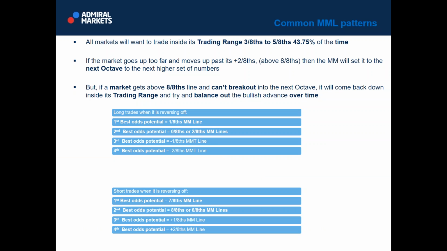If a market cannot get above the next octave, it goes, for example, to 8/8, but it cannot break the next octave, it will come back down inside its trading range. And that is called price equilibrium.